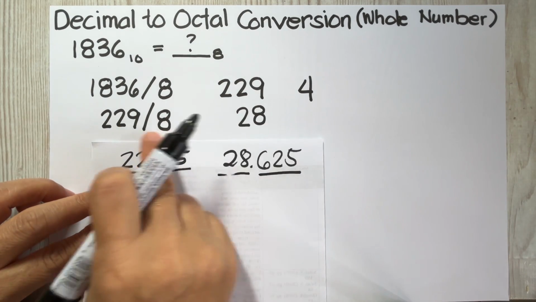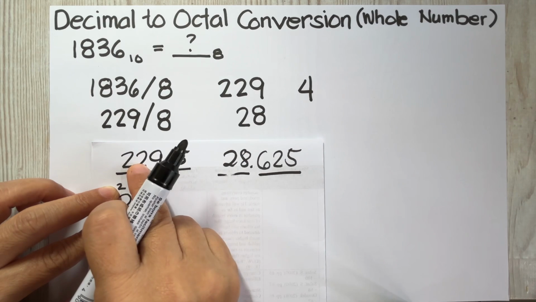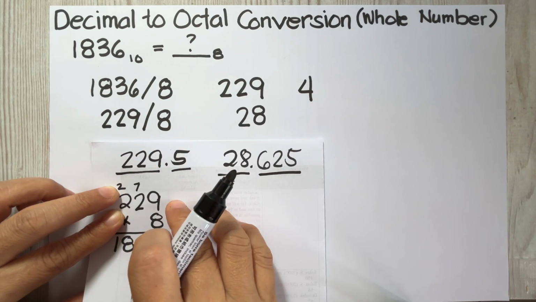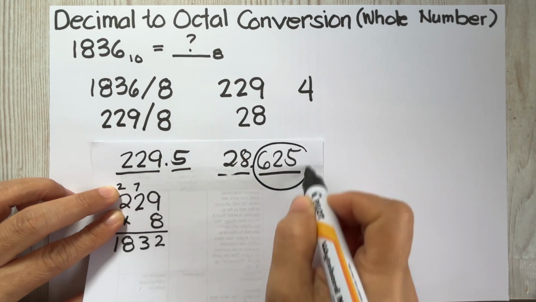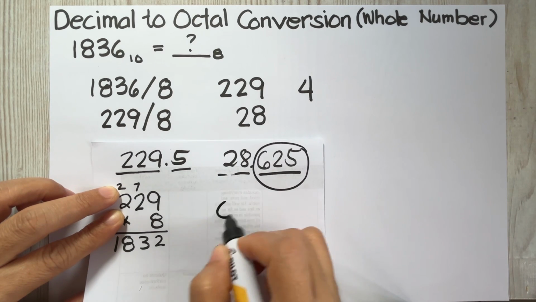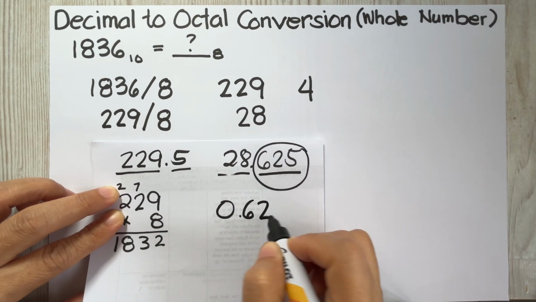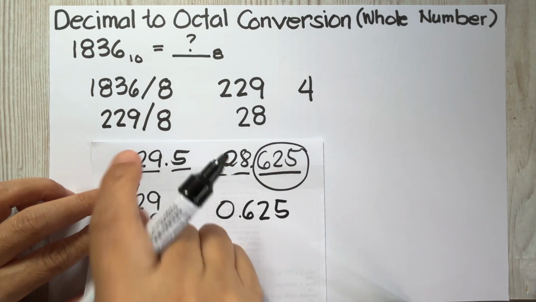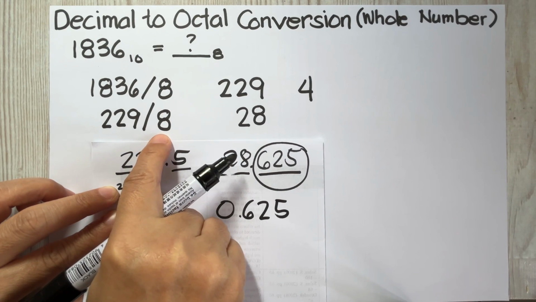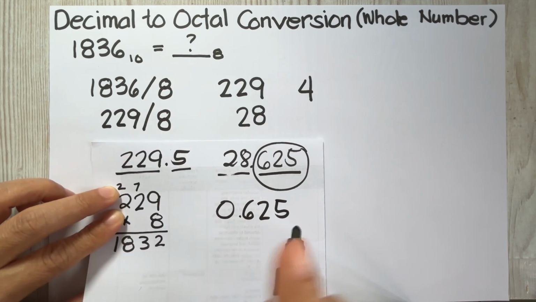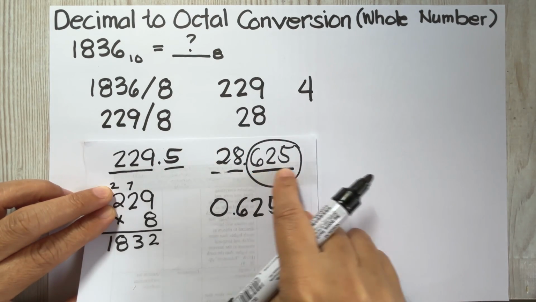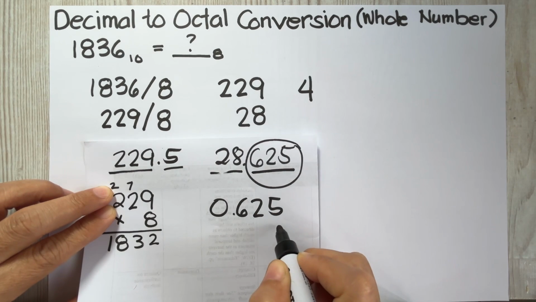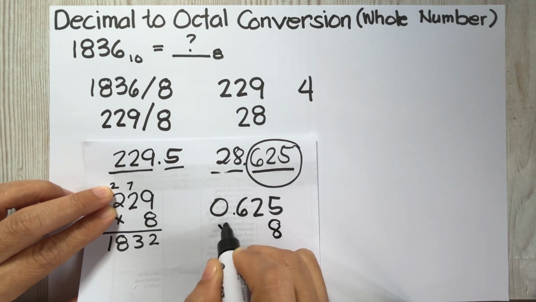Instead of multiplying and doing subtraction, we are going to operate on the fractional part. We'll take 0.625 and multiply it also with our divisor, 8. So instead of the integral part, we'll take the fractional part.